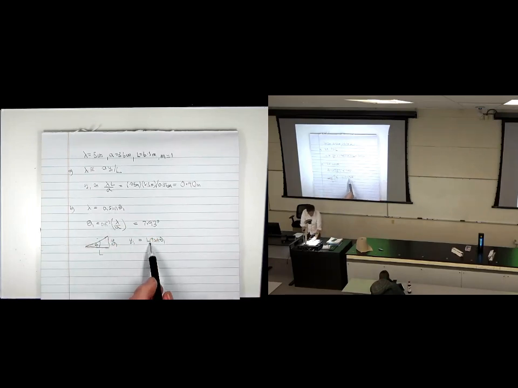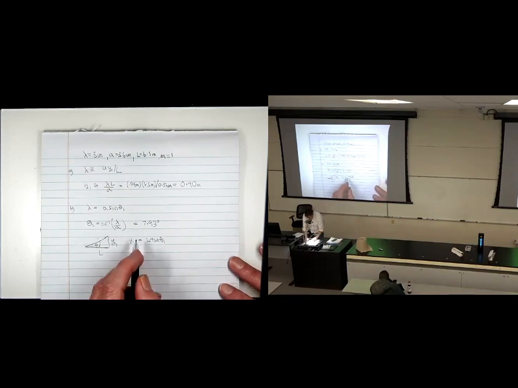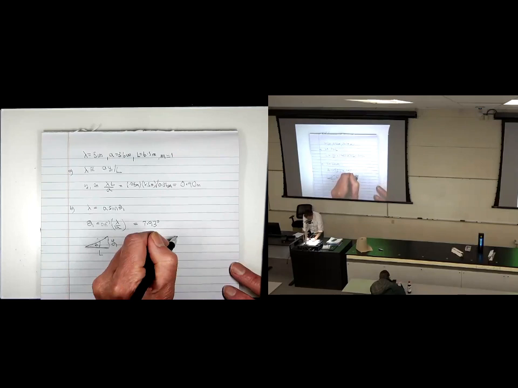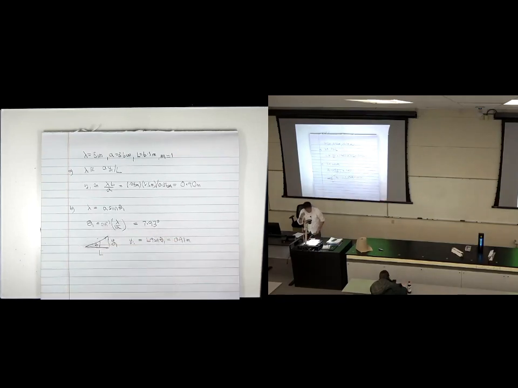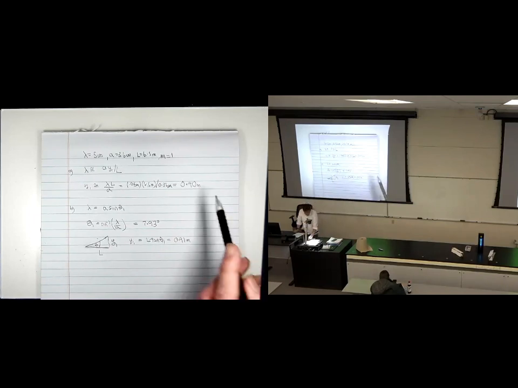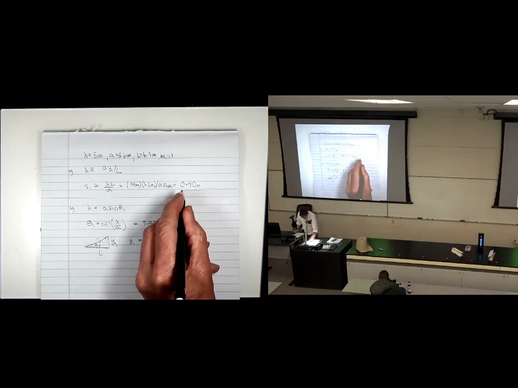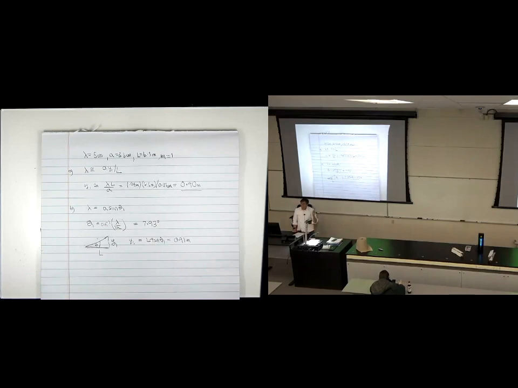We now know theta 1, it was 7.93 degrees. We know L, we were told it in the problem, 6.5 meters. And so if I just carry out this calculation, again I won't put in the numbers, I got 0.91 meters. And so our initial approximate calculation was pretty good.